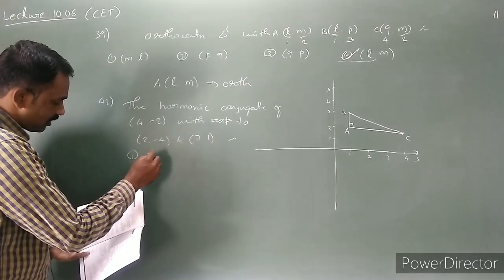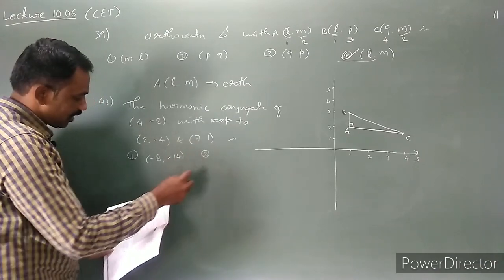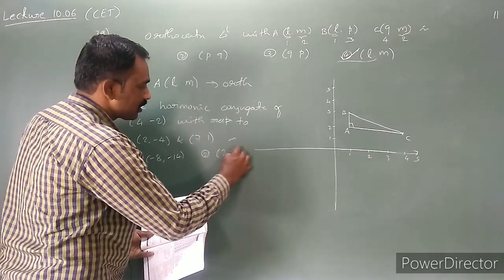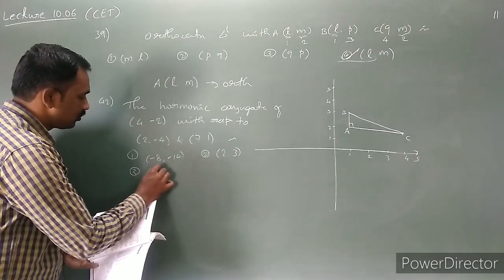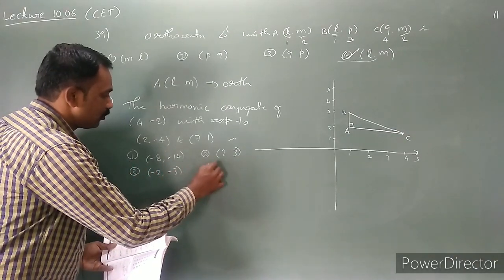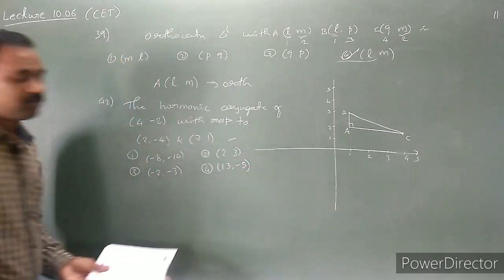First option is minus 8 comma minus 14. Second option is 2 comma 3. Third option is minus 2 comma minus 3. And fourth option is 13 comma minus 5.